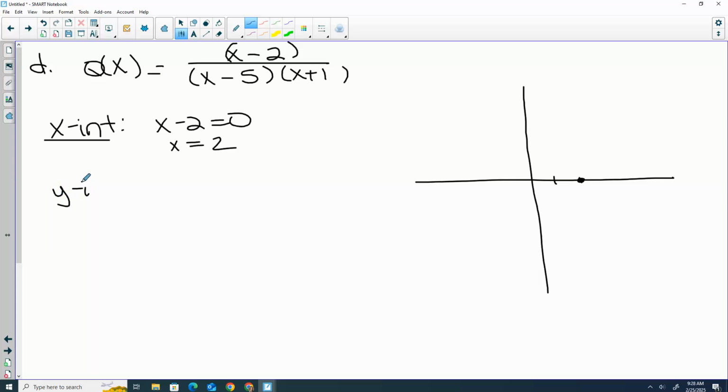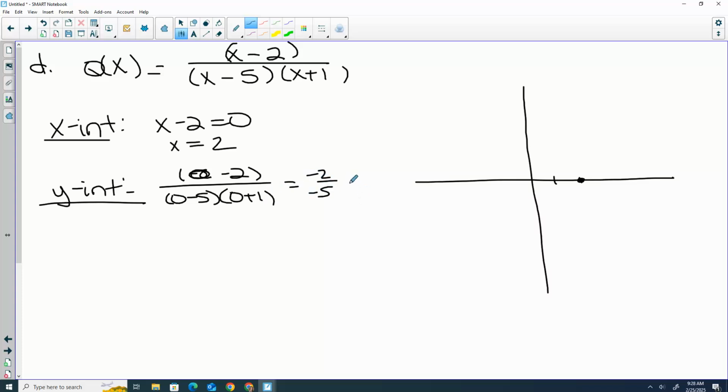How do we find a y-intercept? So 0 minus 2 is... So we get -2 over -5 or +2/5. Vertical asymptote is when the bottom is 0.